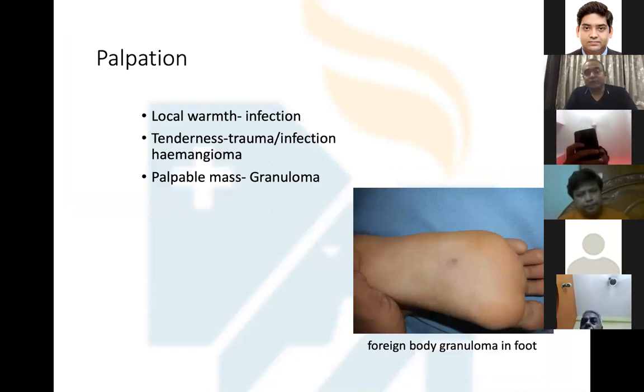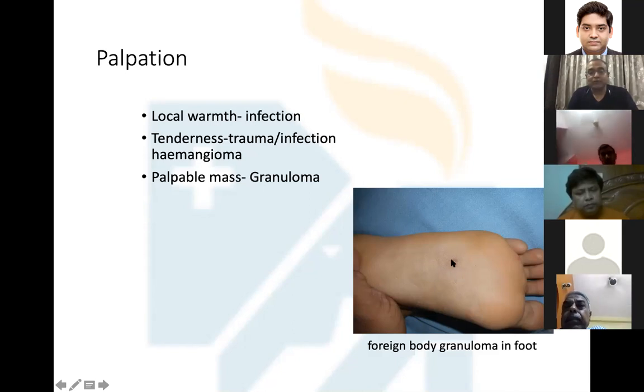Now, apart from inspection, when it comes to palpation, again you have to corroborate your findings. Find out if there is local warmth suggestive of any infection, any localized tenderness, as in children there might not be anything much evident in X-rays, or any evidence of infection or any hemangiomas. And here, as you see in this child, there is a foreign body granuloma.